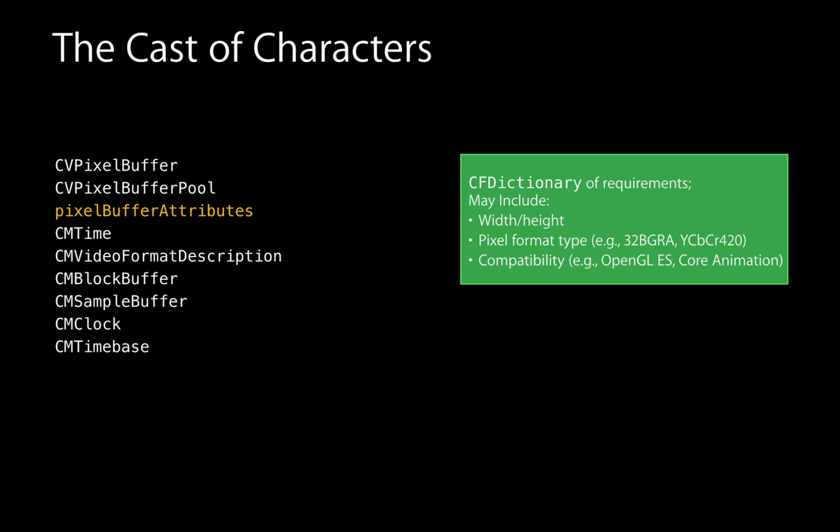This can include several things. This can include dimensions that you're requesting, the width and the height. This can include a specific pixel format or a list of pixel formats that you'd like to receive. And you can include specific compatibility flags, requesting compatibility with specific display technologies, such as OpenGL, OpenGLES, or Core Animation.